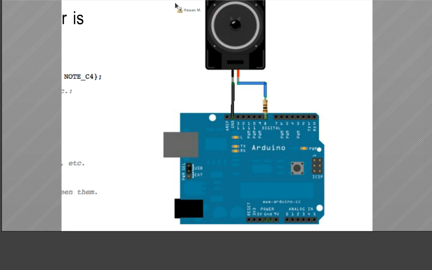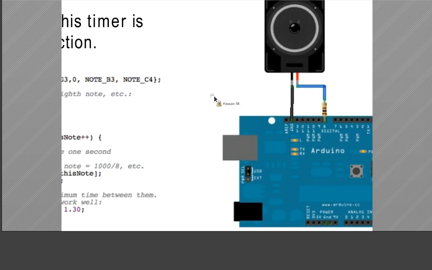You can pick and add to your purchase a speaker, and some other items, some other actuators, some libraries designed by third parties, and add it to your Arduino purchase. Okay, it's connected to pin 3 and pin ground.